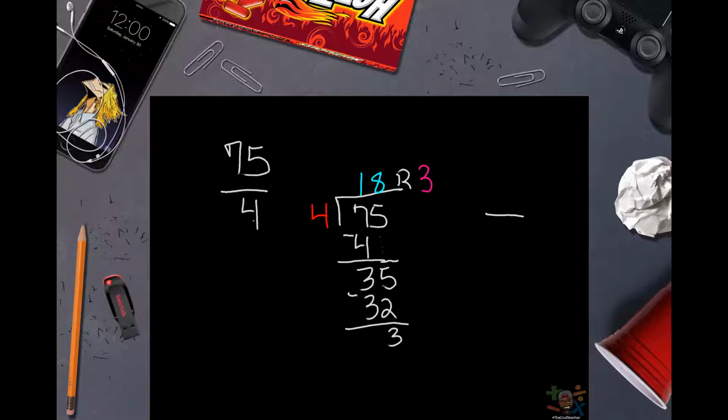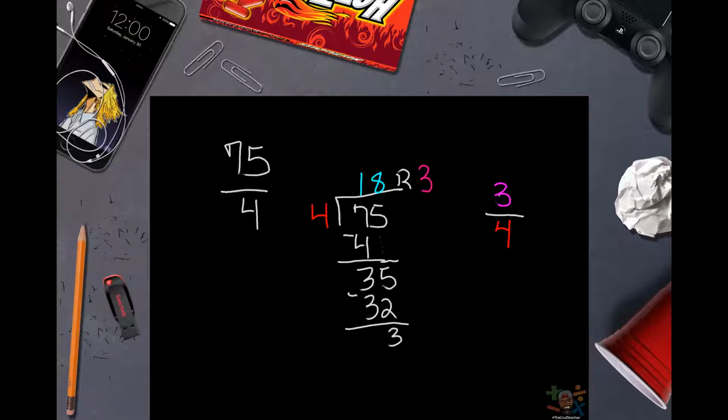Our denominator stays the same, so our denominator over here was 4. And if you remember, we put that as the divisor. So our denominator is 4. Our remainder, which was 3, that's going to turn into our numerator. You can easily remember that because remainder and numerator sound the same.